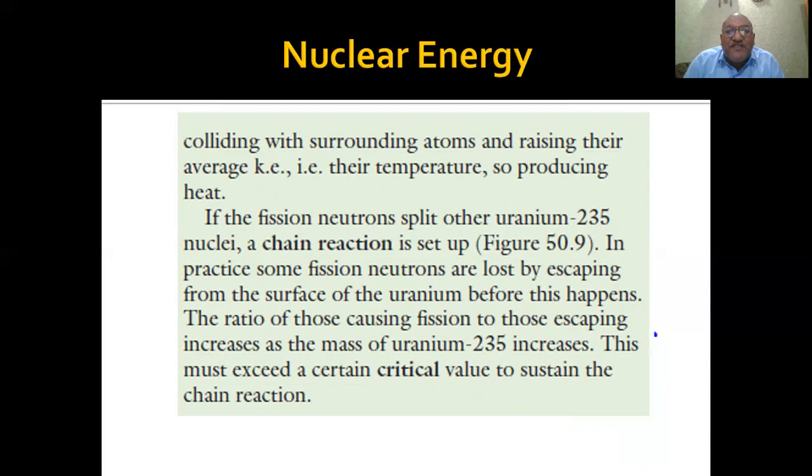In practice, some fission neutrons are lost by escaping from the surface of the uranium before this happens. The ratio of those causing fission to those escaping increases as the mass of uranium-235 increases. This must exceed a certain critical value to sustain the chain reaction. A certain amount of uranium is required. If you do not have that amount of uranium, then this will not be self-sustained.